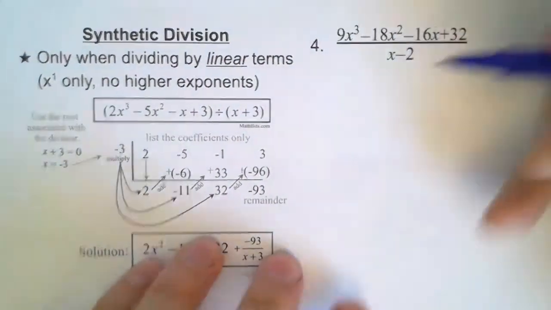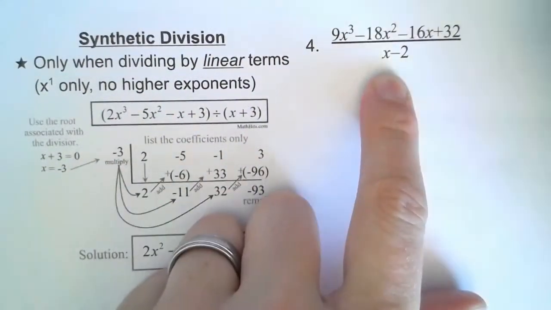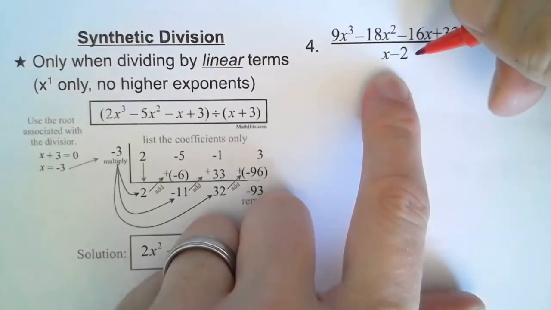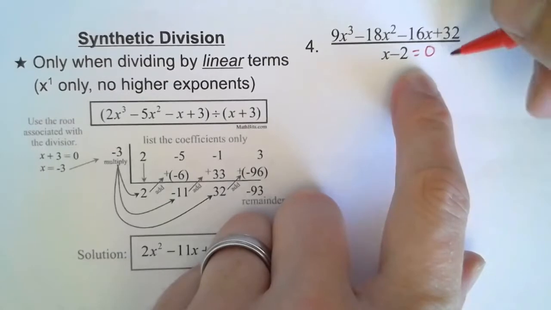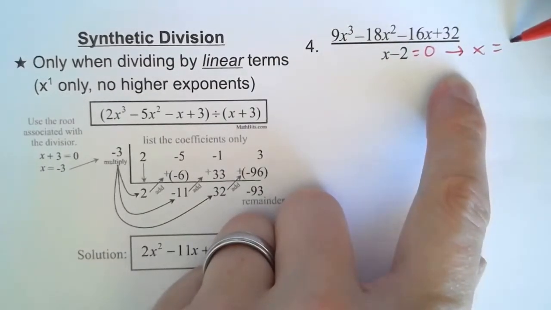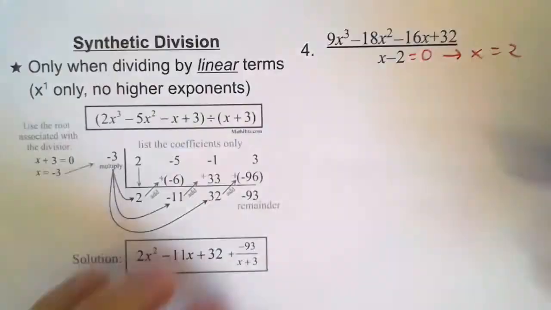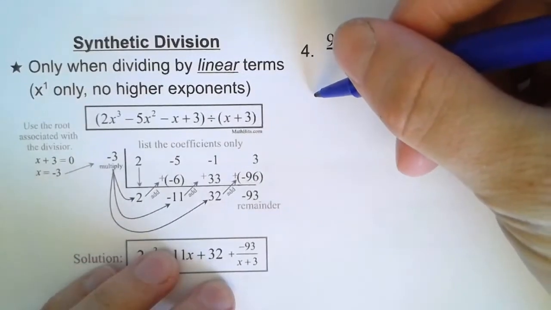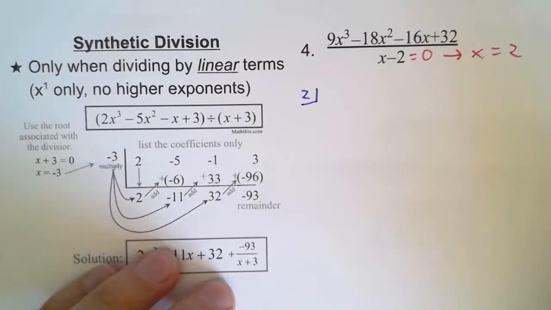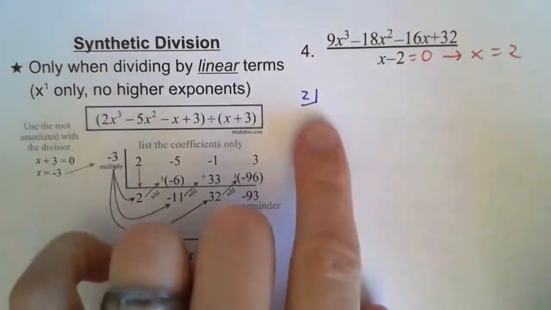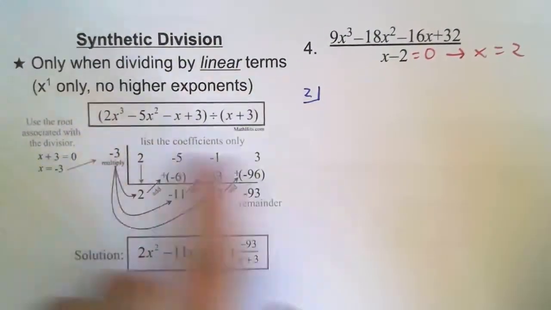So this x minus 2, we're going to look at that and say, well, what's the root that goes with x minus 2? That's x equals 2. Now what I do, I put it in a little box over there. So I've got the 2 over there. That's what I'm multiplying by all the time.